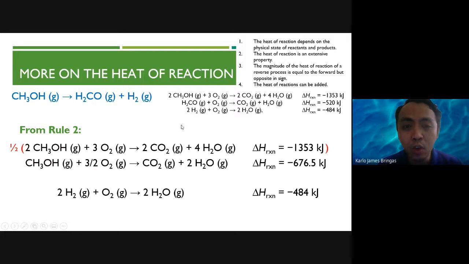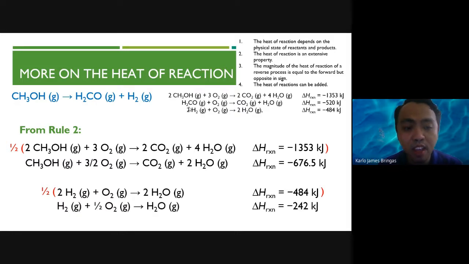So copying the data para sa hydrogen, which is the following. And then we try to do the same thing as what we've done earlier. Gusto natin na, from a coefficient of 2 dito, gusto natin na coefficient of 1 na lamang. So again, we divide everything here by 2. Doing that gives us a new thermochemical equation.